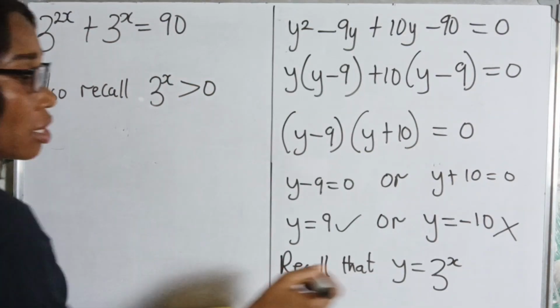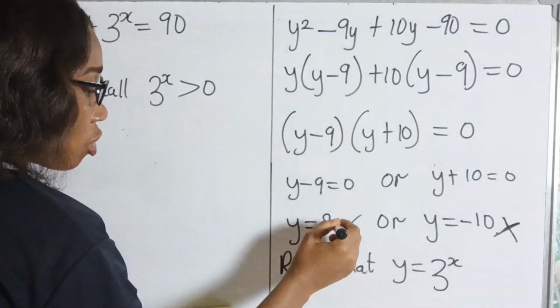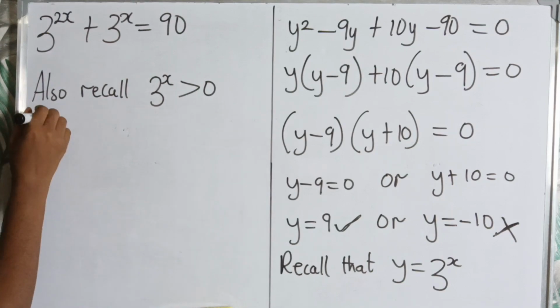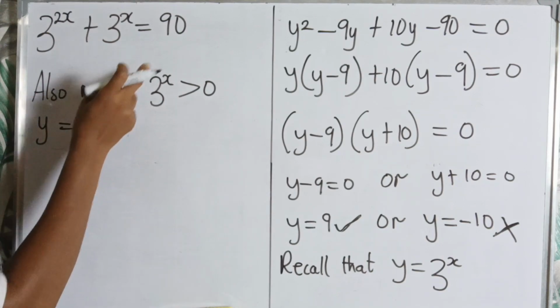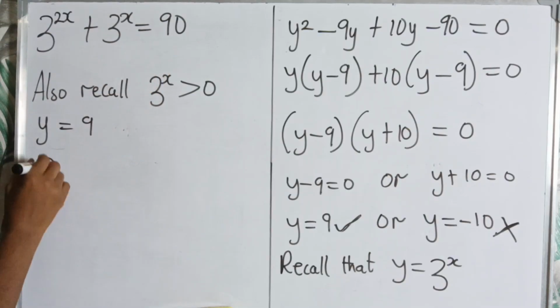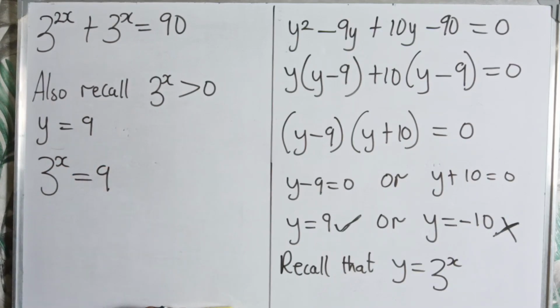So meaning that we discard this value of y and we work with this value. So y equals 9. We now replace y with 3 raised to the power x. So we have 3 raised to the power x is now equal to 9.